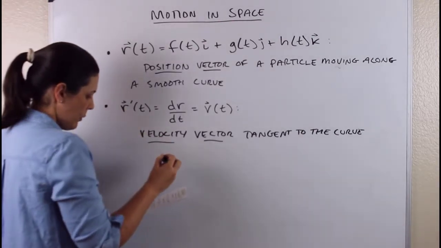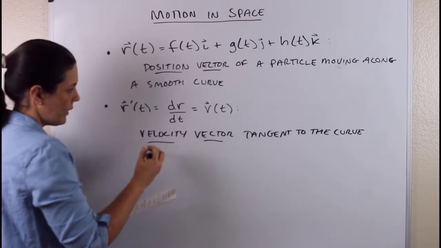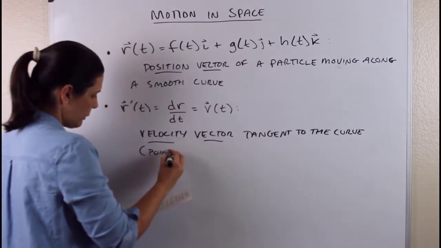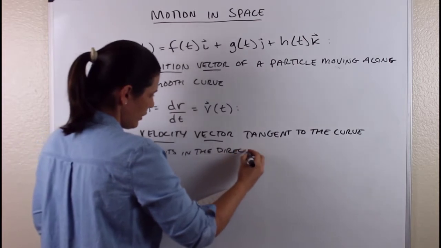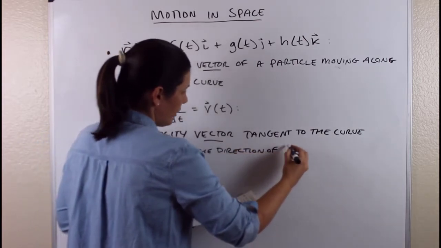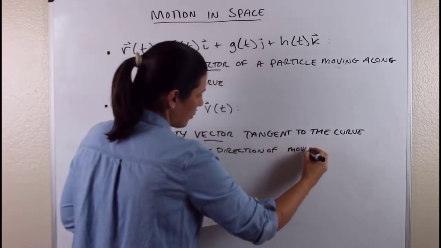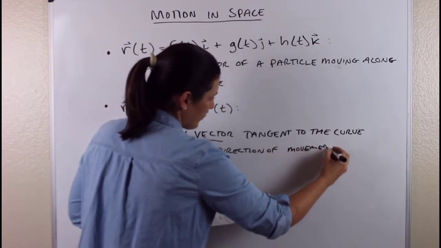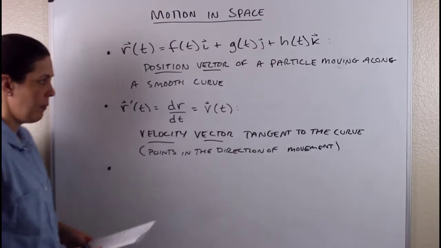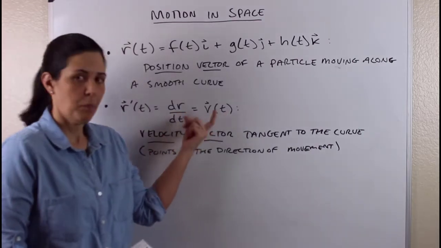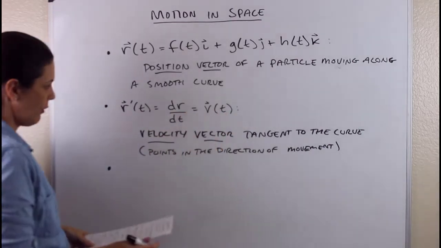And I said this a moment ago, but it points in the direction of movement, of how the particle's going. Alright, now if I guarantee that this is positive, what does that represent?